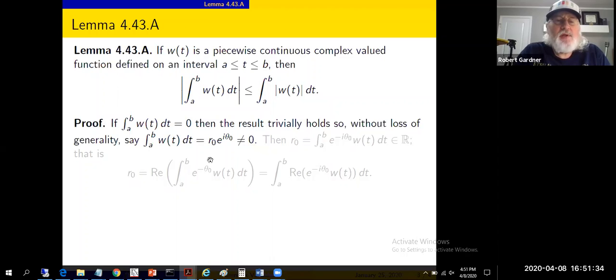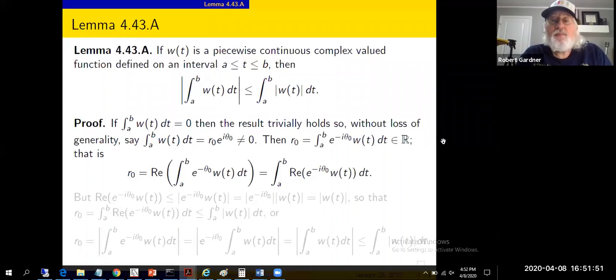It's an integral of a function of a complex variable. So the value was potentially complex valued. Call that value r sub 0, e to the i theta sub 0, and we're in a setting where that is not 0. All right.